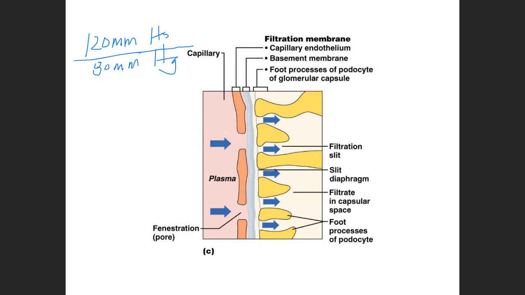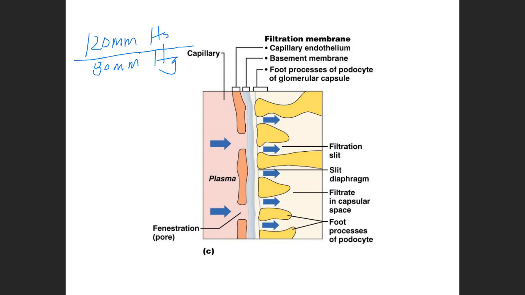So the pulse in the carotid artery, for example, is much stronger than the pulse that you see in the radial artery. But you can feel it. And so typically by the time it reaches the arteriole, there's no pulse at all, right?